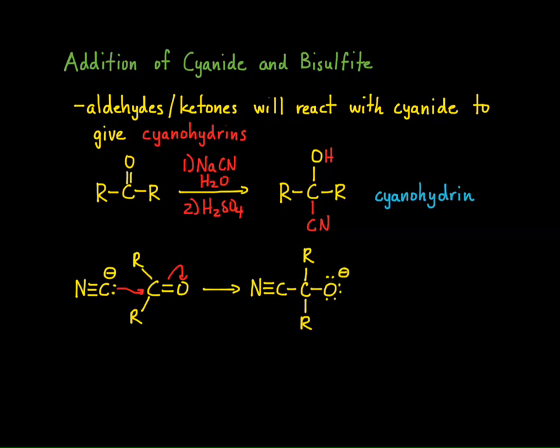And this is the first step. Then the second step is by adding acid, sulfuric acid typically, to that aqueous solution. You then form the hydronium ion, which can then protonate the alkoxide, and you end up with the cyanohydrin.